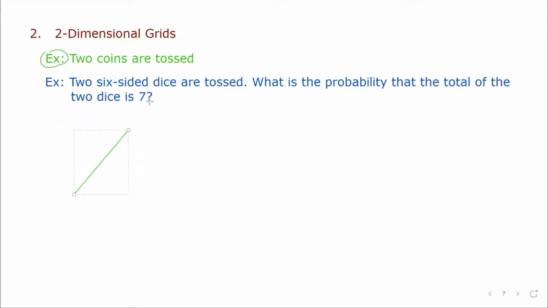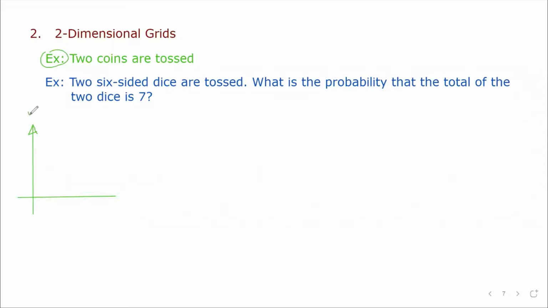This is like when you do functions and draw the coordinate plane, right?